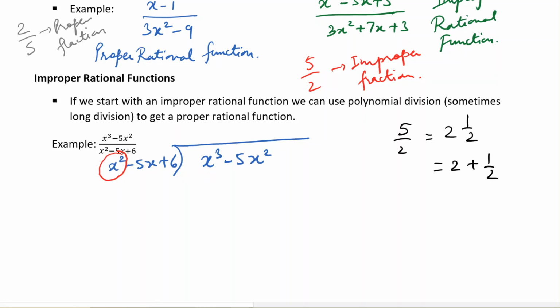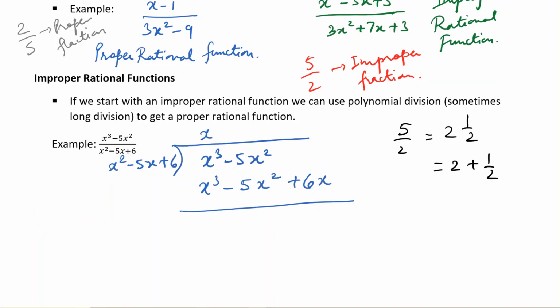The answer is x, or in other words, you can divide x cubed by x squared and get x. So we multiply x squared by x to get x cubed. So x cubed, then negative 5x times x is negative 5x squared, and then we have plus 6x, and then we subtract throughout.